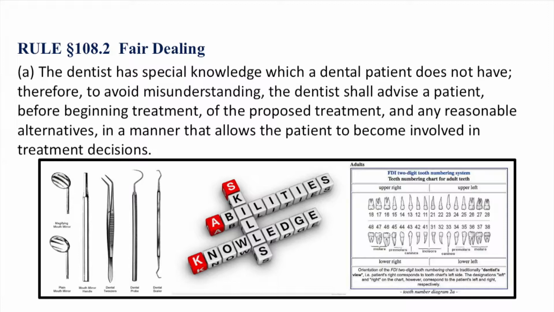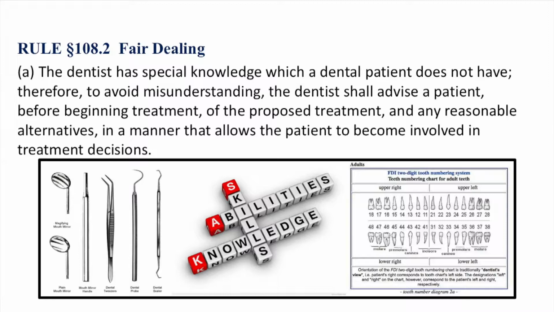And anytime you see the word shall or must, then it is an obligation and it is the law. It's a legal requirement under Rule 108.2 Fair Dealing for dentists in Texas to advise a patient of the following items. And these following items must be stated or advised to the patient before beginning treatment.